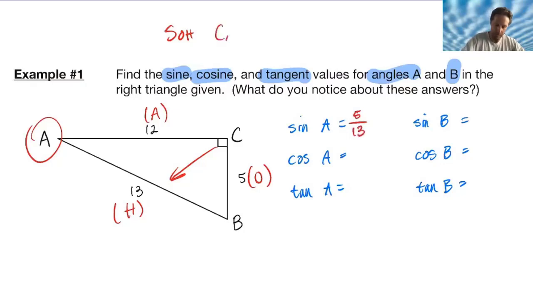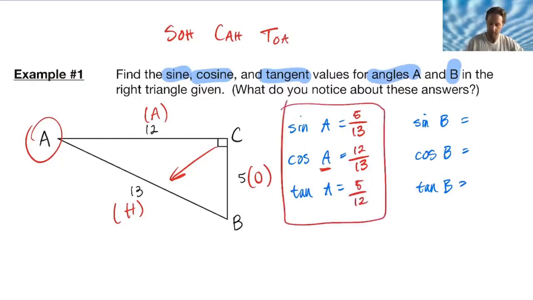For cosine, it's the CAH, for angle A we're looking at, right? So angle A, the adjacent would be 12 over the hypotenuse, which again is 13, our longest side. And then TOA, tangent, the angle A is opposite, which is 5, over adjacent, which is 12.